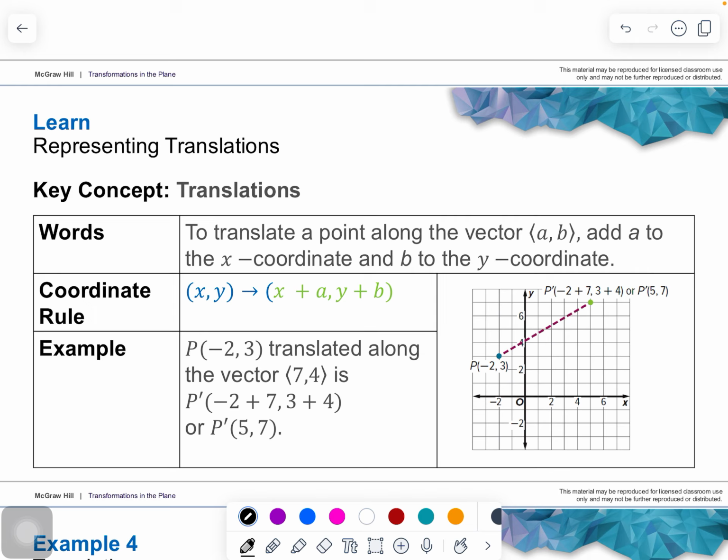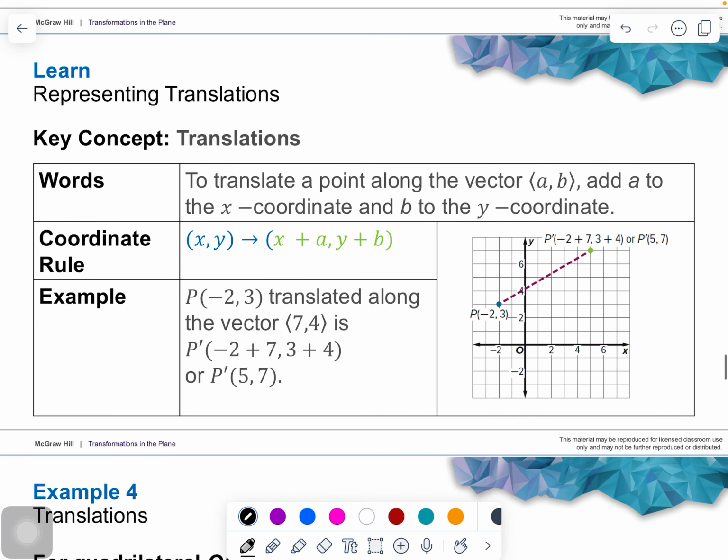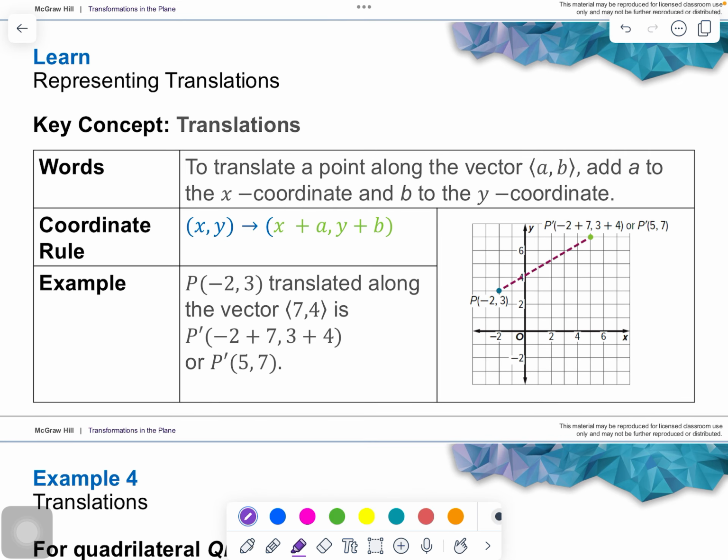So in words, you would hear somebody say, we're going to translate a point along a vector, and we are going to add a to the x coordinate and b to the y coordinate. So this is what that looks like right in here. You would start at some point x, y, and then you would add the a from your vector to the x, and you would add your b from the vector to your y.